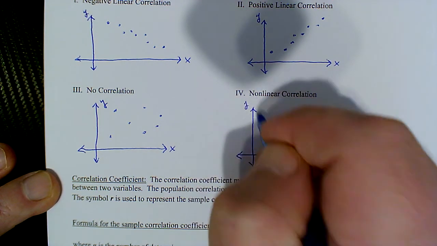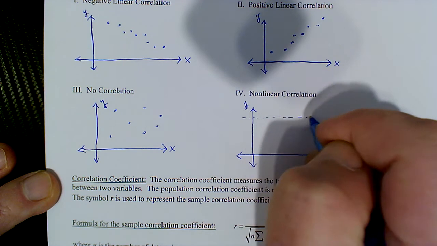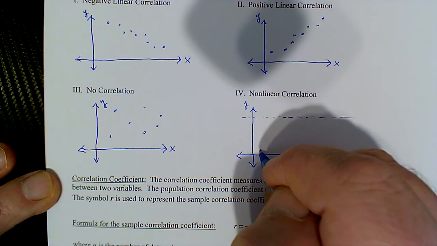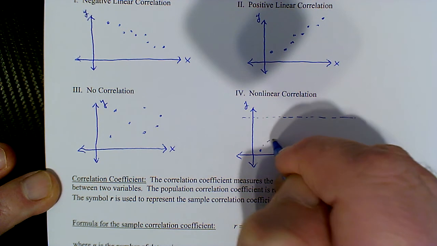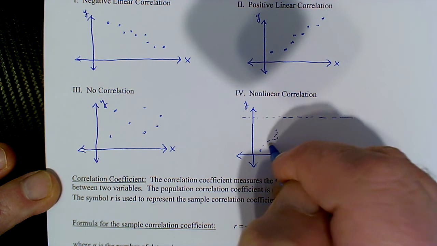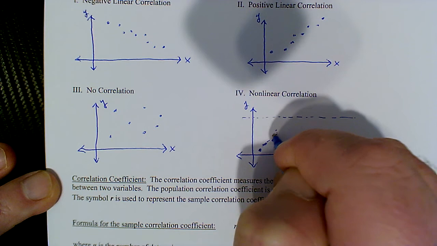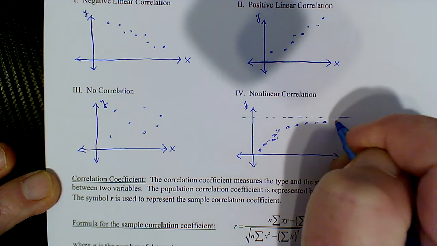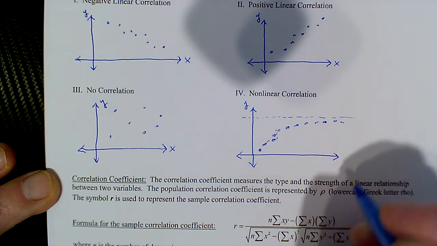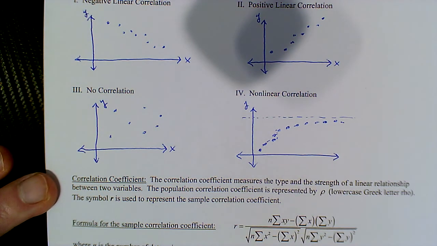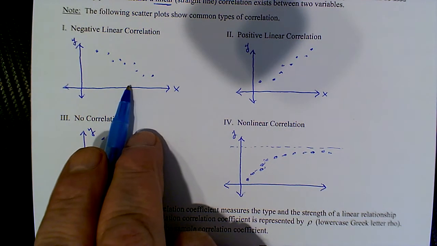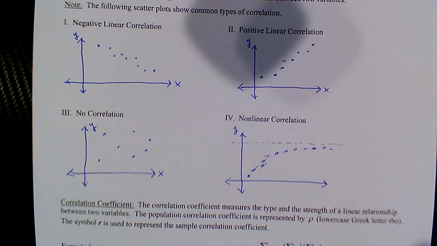One of the famous correlations, with respect to populations, is what we call a logistic growth. Population increases, so we've got all these points here, and then it's going to level off at some value. So that's a logistic growth. But in any event, we're only considering the first two, positive and negative linear correlations.